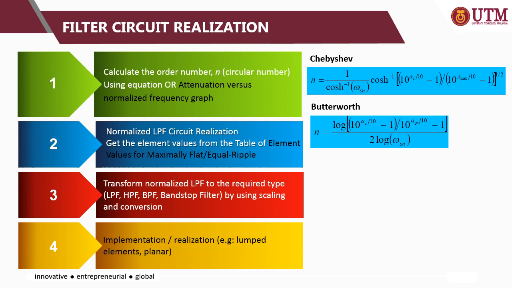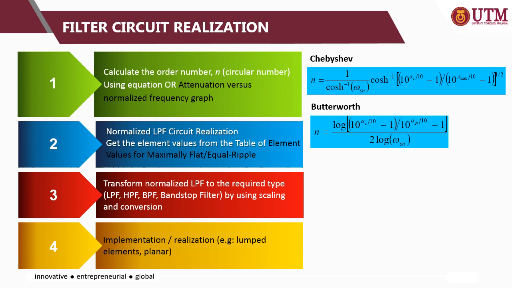So I believe that you have seen this in signal and system course. So in which the first step, the most important part, is to determine the order number, the filter order number. So either by using equation, by calculation, or by referring to a graph.